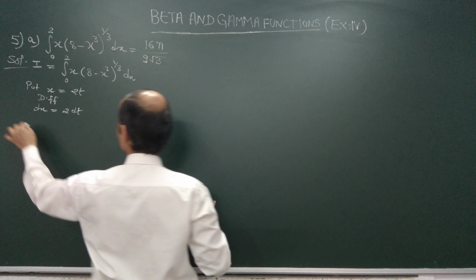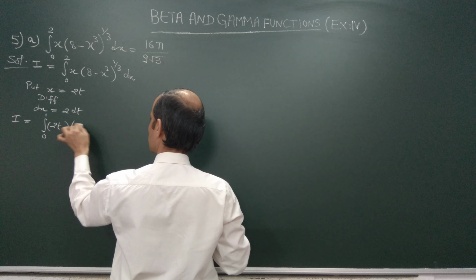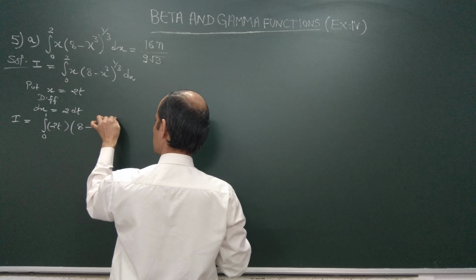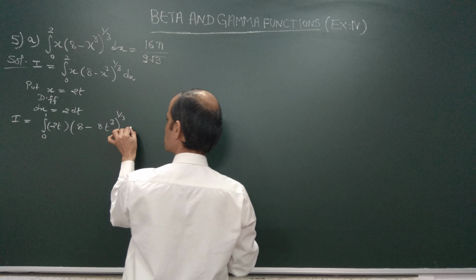The limits change: when x equals 0, t will be 0, and when x equals 2, t will be 1. So x is 2t, and 8 minus x cube is 8 minus 8t cube, whole power 1 by 3, into dx, which is 2 dt.